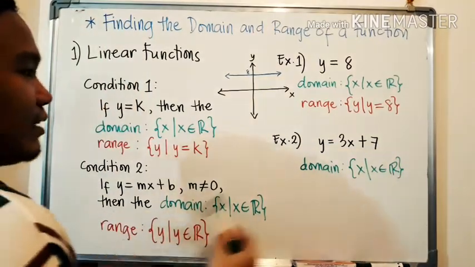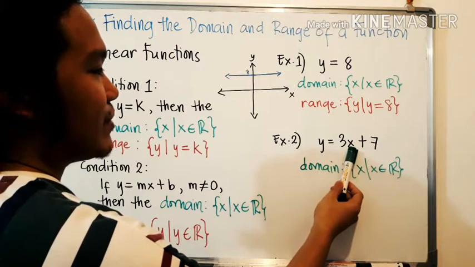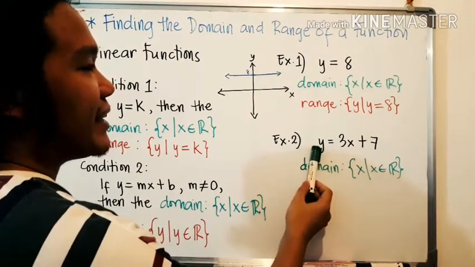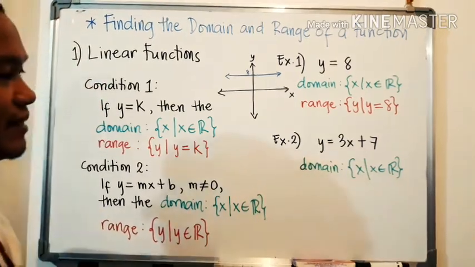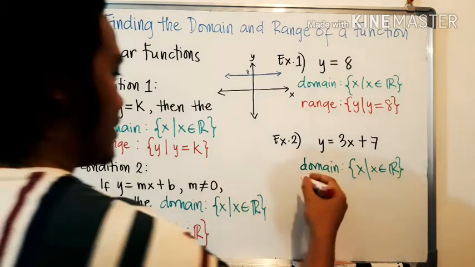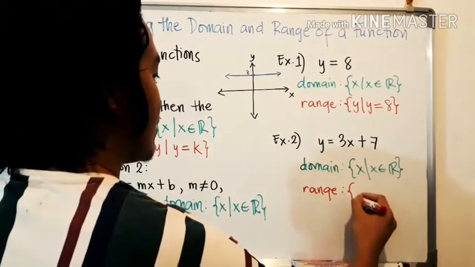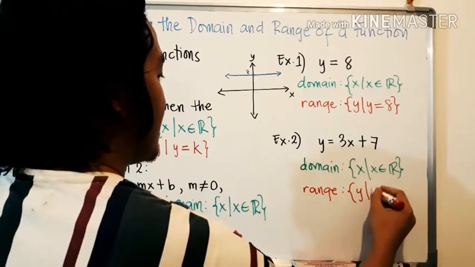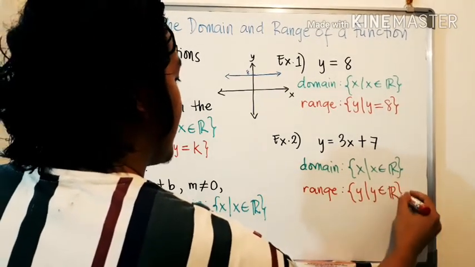Meaning, for any values of x in the real number, our y is defined and is real. Okay? Now, let's have the range. The range of this linear function is also the set of all y's such that y is a real number.